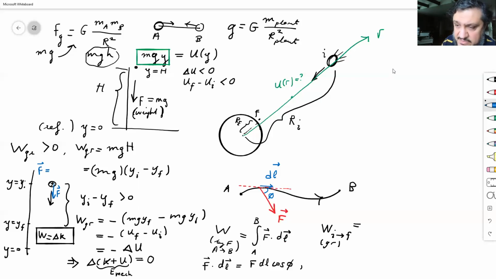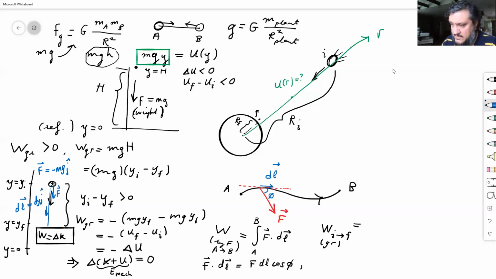Using unit vectors, you could write it as negative mg j hat. And dl is the line element vector along the direction of the fall, and the coordinate we use is y, so it's going to be dy times j hat.